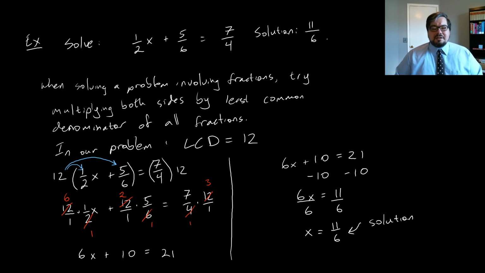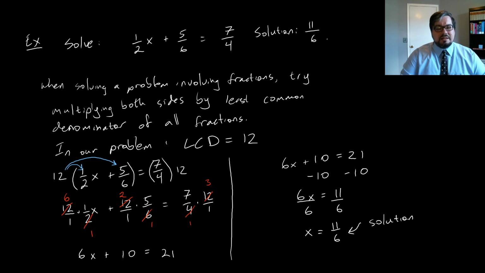Okay, the last thing that I want to mention in this section is how we can identify when an equation gives us an identity or a contradiction. Now, what we're about to look at isn't specific to linear equations, but linear equations are the ones that we understand the most right now.